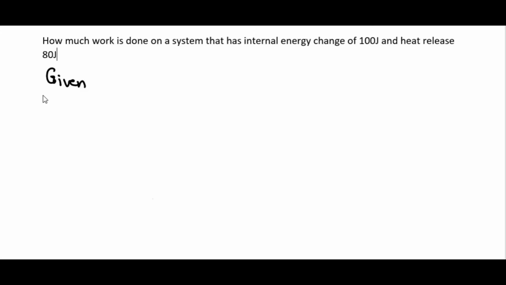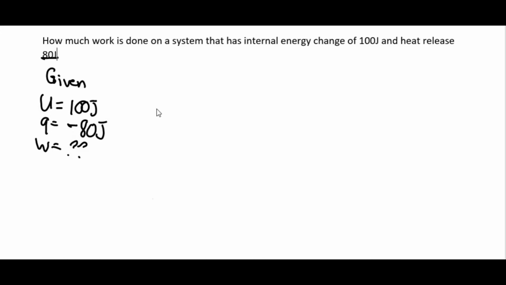We have U, or the internal energy, 100 joules, and Q, or the heat, is released. We know that it's 80, however, the heat is released, so it's going to be negative 80 joules, and what's missing is work.